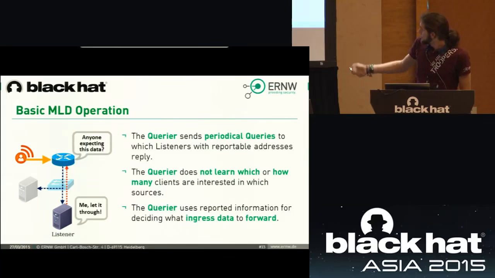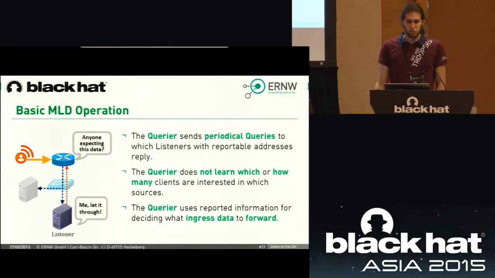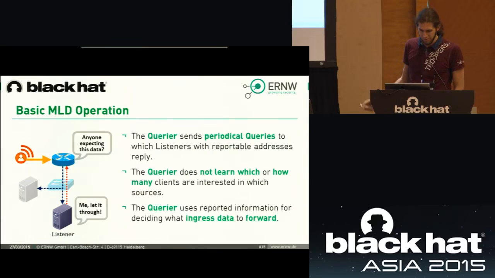And our listener will then send back a report and let the querier know, hi, I would like to listen to these multicast groups. Please let this traffic through. So the querier is taking action and will manage the multicast group and send the data to the listeners.